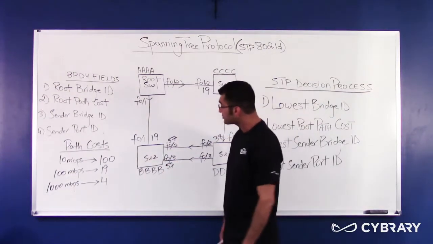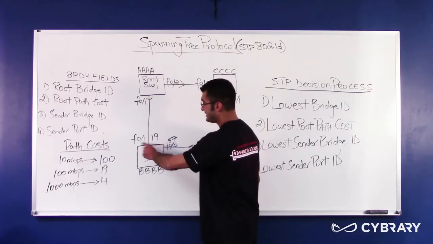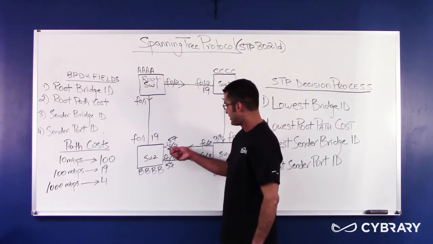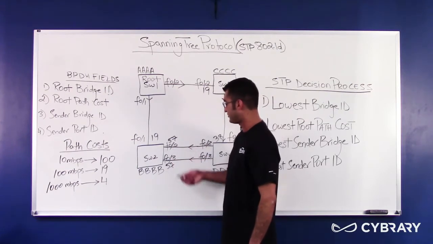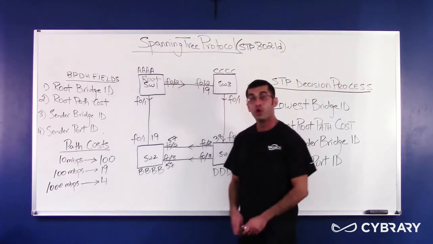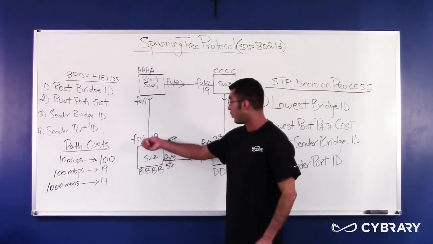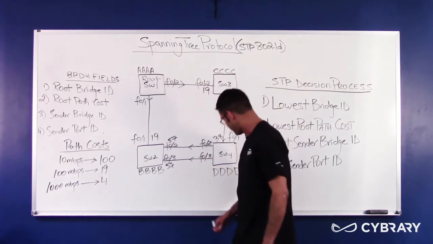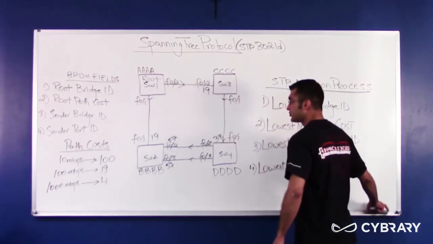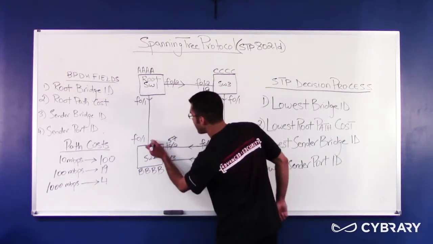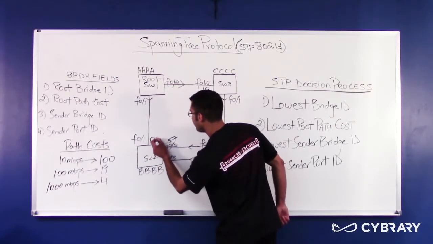Switch 2 now looks at the cost, which is 19 on port F0/1, and looks at the cost at F0/2 and F0/3, which is 57, and the lowest root path cost on switch 2 is on port F0/1. Hence, F0/1 on switch 2 is elected, I'm going to erase that 19, as a root port.